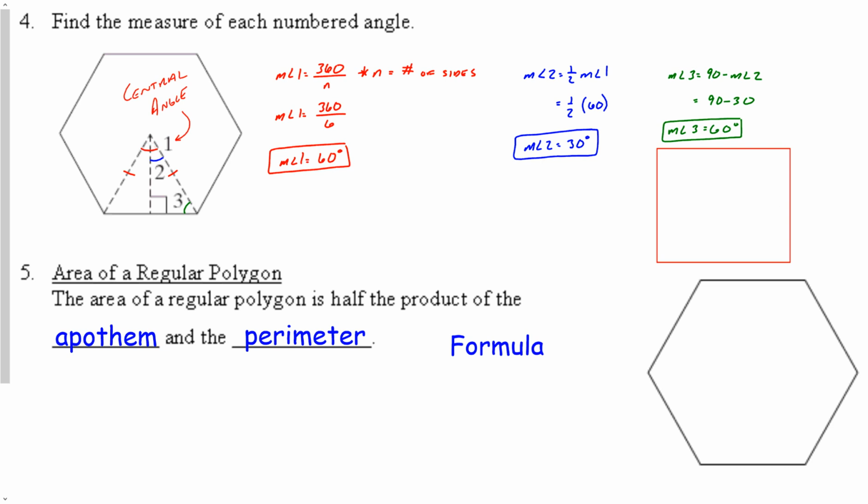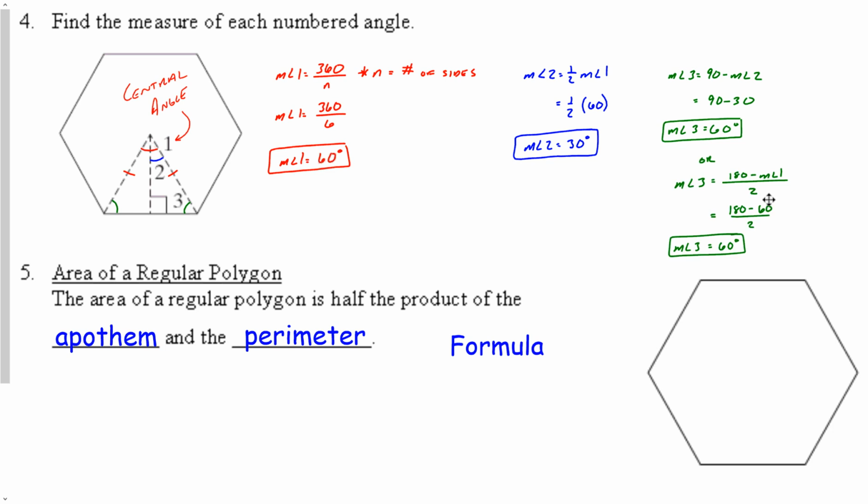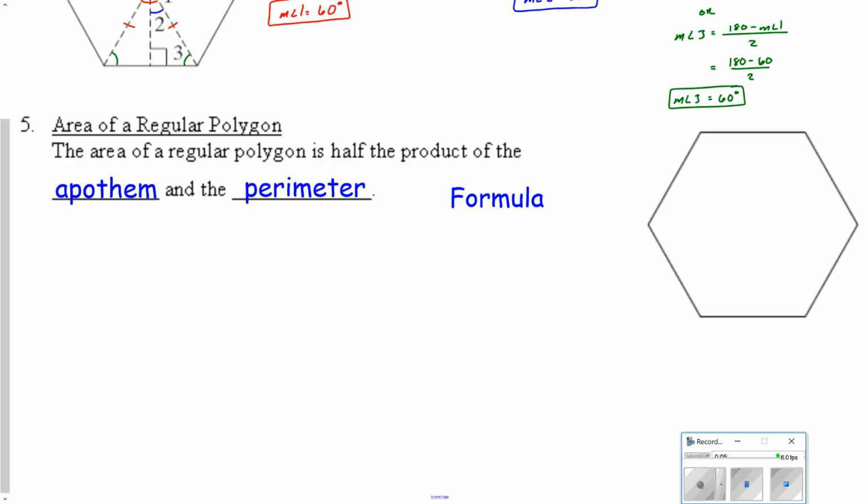The other way we could think about this is to go back to the isosceles triangle idea. We know we would have these two base angles congruent in the isosceles triangle. So we could take 180, subtract our central angle, which is the vertex angle, of 60, and then divide that by 2 because it has to be split evenly between those two congruent base angles. Again, you'd find the measure of angle 3 to be 60 degrees.